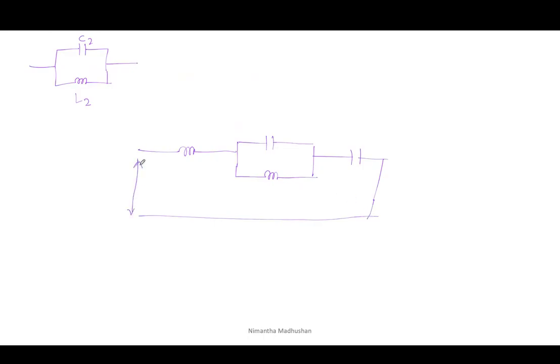We can obtain the total impedance ZLC at these two points. L1 is equal to 2 Henry. C1 is equal to 2 farad. C2 is equal to 3 farad. L2 is equal to 1 Henry. This is the final circuit.